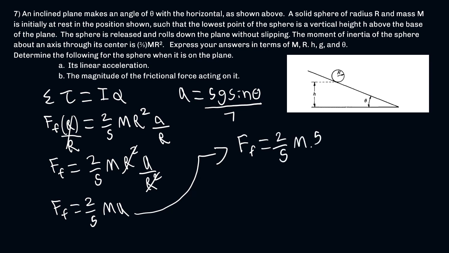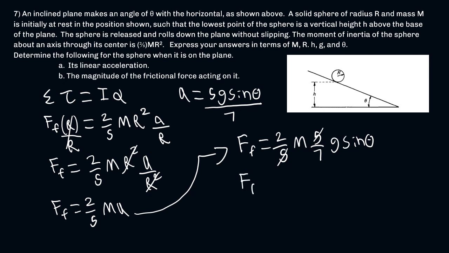Acceleration was essentially 5 over 7 times g sine theta. So what we're going to do here now is look at my fractions. What I have here is 2 times 5 over 7 times 5, or even simpler, I have a 5 on the top and a 5 on the bottom. The 5s can cancel, so I'll have 2 over 7.